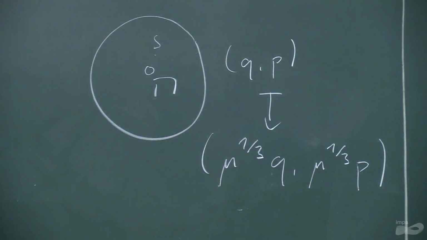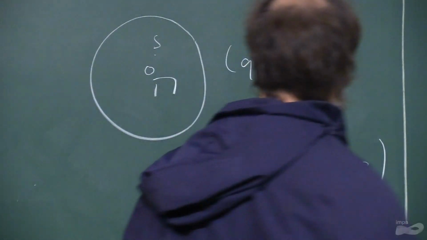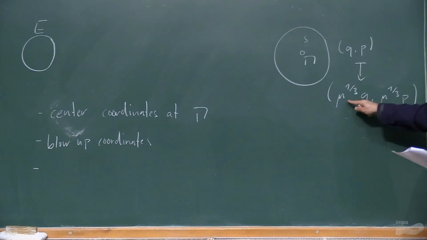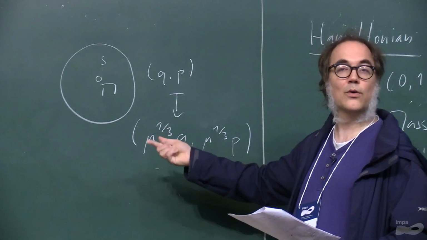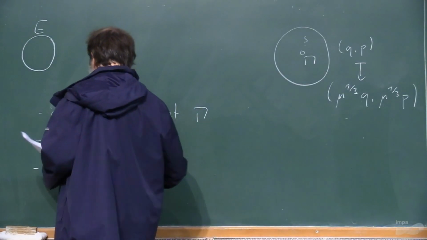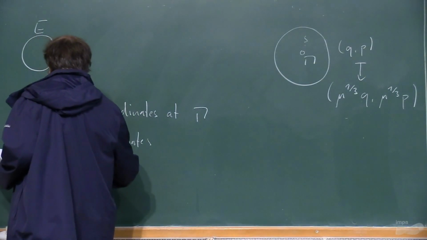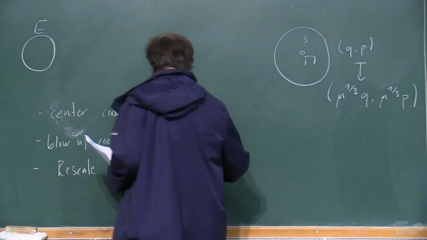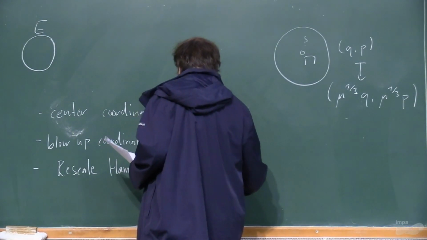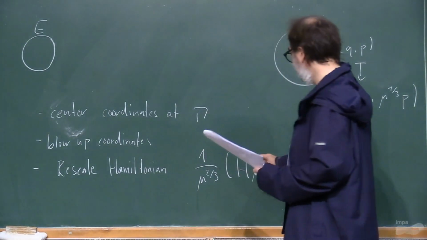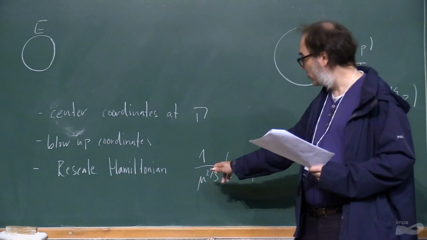And then we rescale the Hamiltonian. What we actually want to hold fixed is the Hamiltonian vector field, which we don't want to change. So if you change the symplectic form by mu to the 2/3, we also change the Hamiltonian. So we rescale the Hamiltonian by 1 over mu to the 2/3 times H_mu, and this is now a bit dangerous because we want to let mu go to 0.